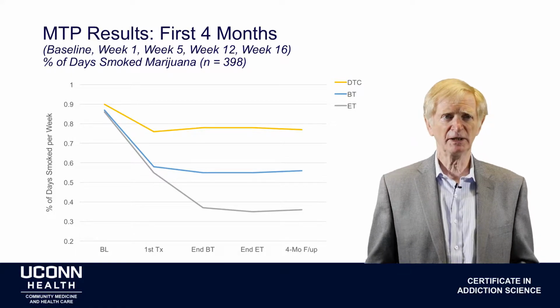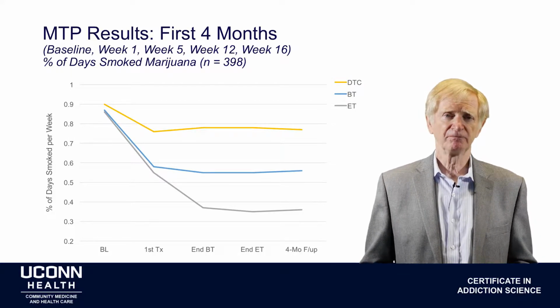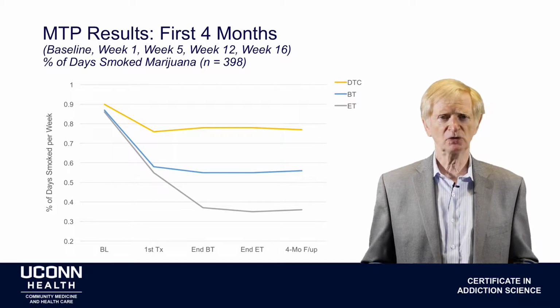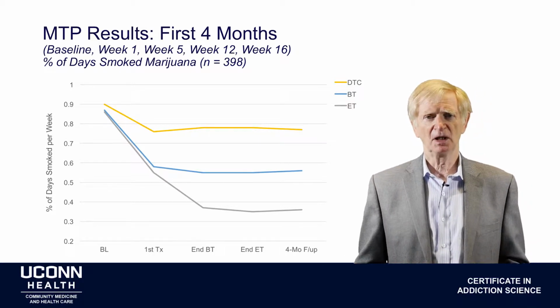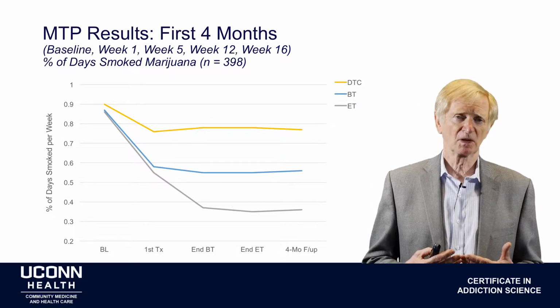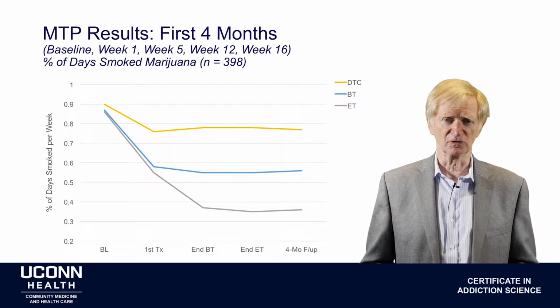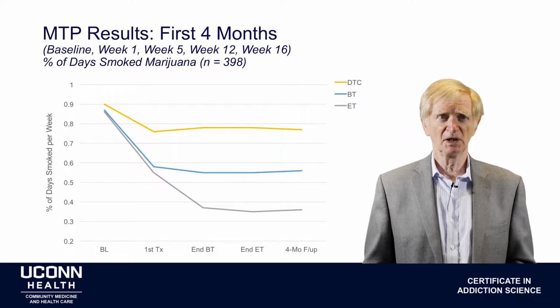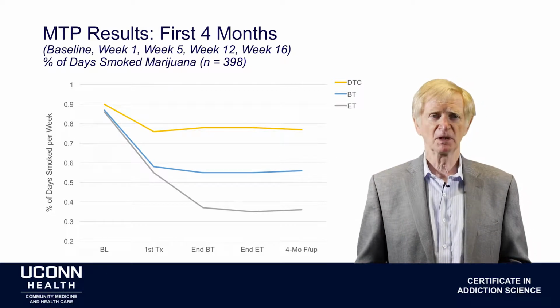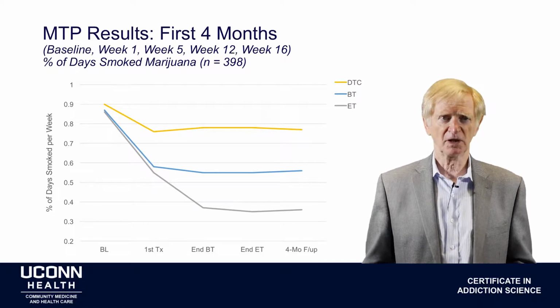You can see the way that their outcomes were distributed according to a method of evaluating their substance use, in particular, in this case, the days on which they smoked marijuana across time.